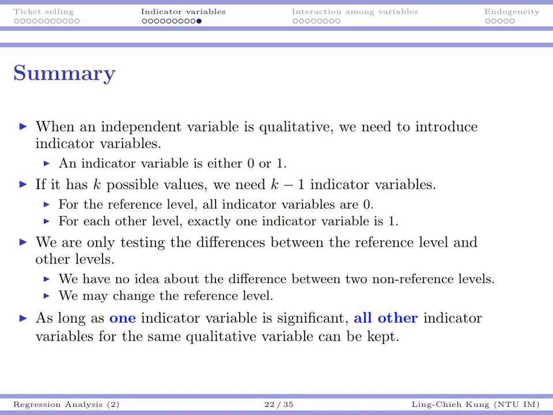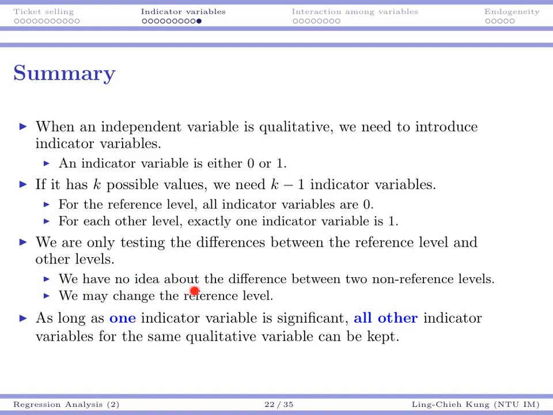For each other level, exactly one indicator variable will get value 1. What we are testing is only the difference between the reference level and one other level. For each indicator variable, we can get one comparison between the reference level and some other level.